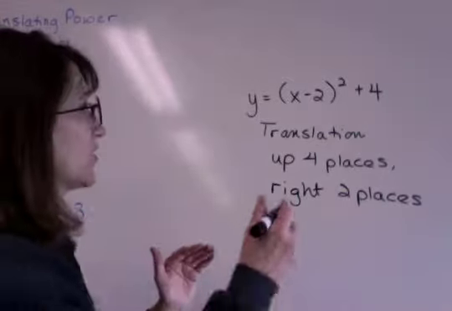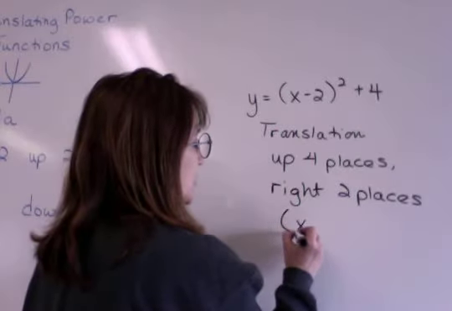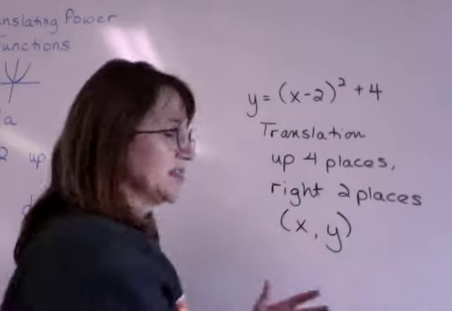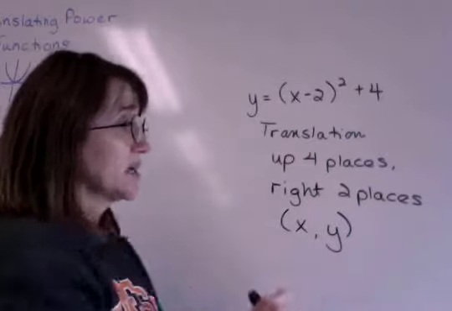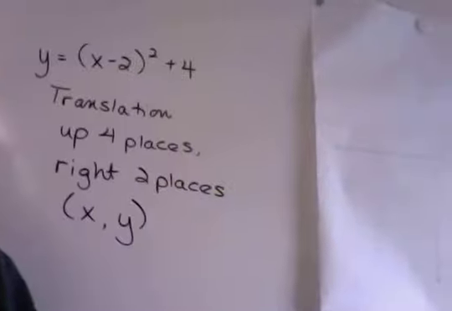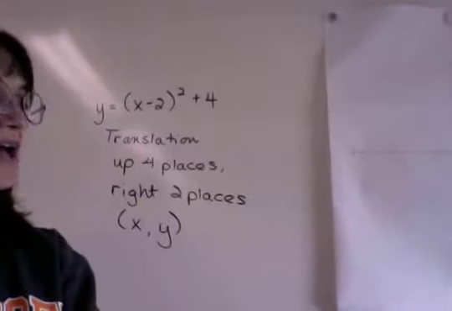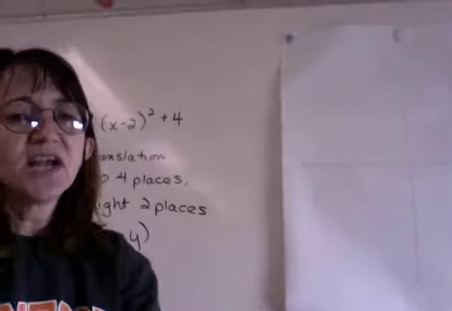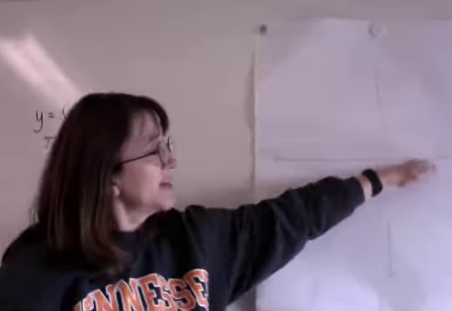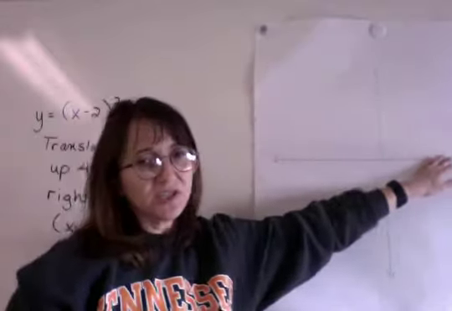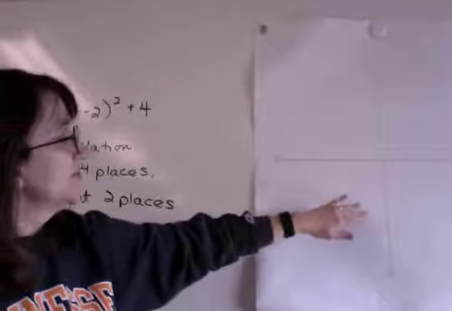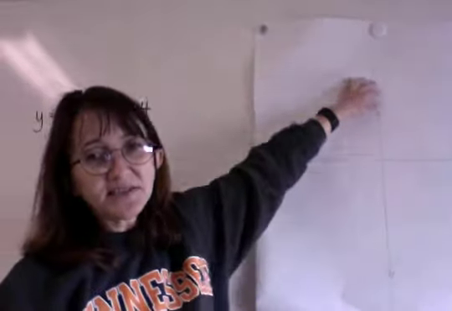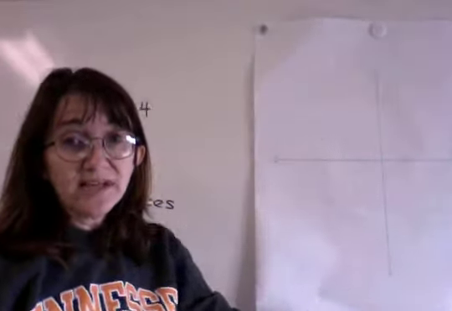Think about it: my vertex is going to be an x and a y. With x, that's my x-axis, and I'm shifting to the right and to the left. This is my y-axis, and I'm going up or down.